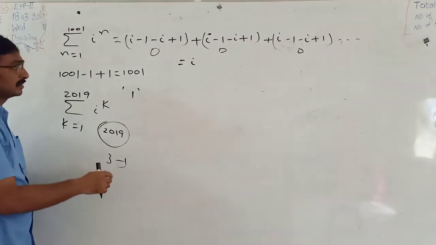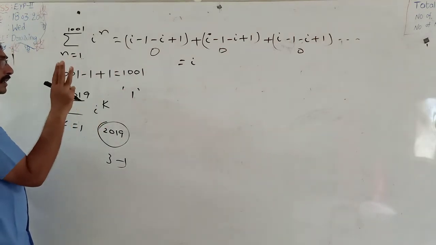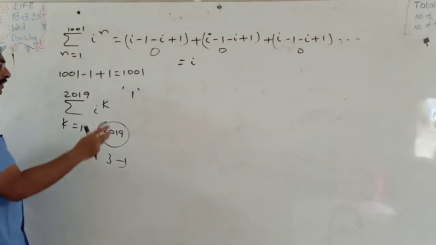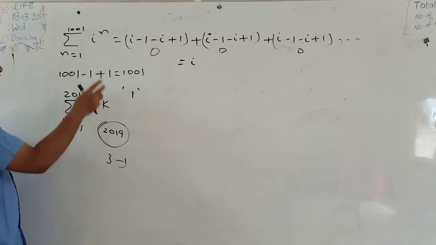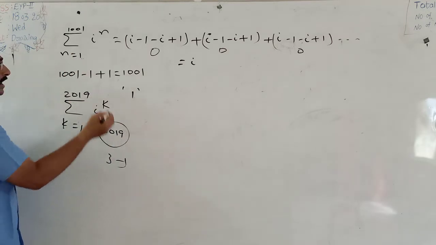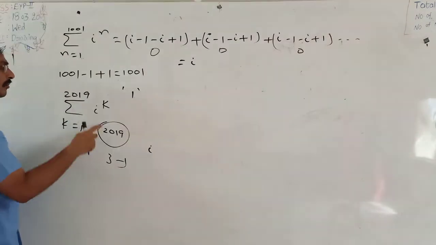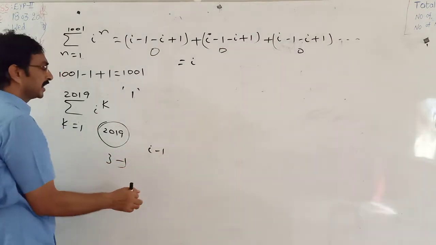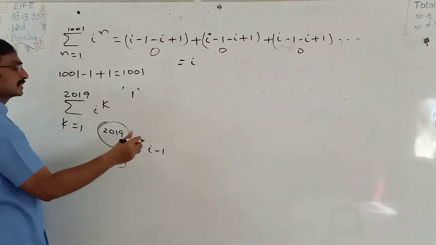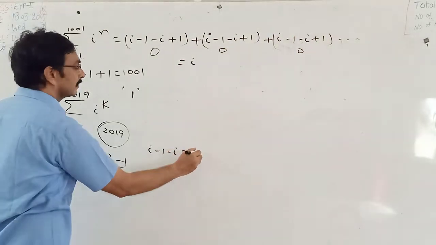Remainder 3 means after cancellation there exist 3 remaining terms, the first 3 or the last 3. I am taking the first 3 terms. When k is 1, i. When k is 2, i squared is minus 1. When k is 3, i cubed is minus i. Therefore, the answer is minus 1.